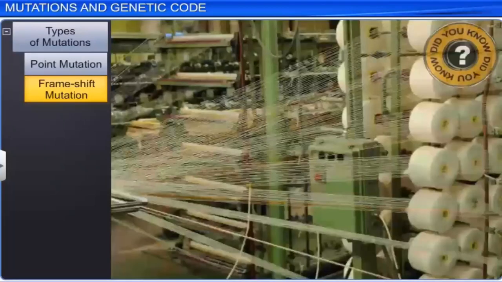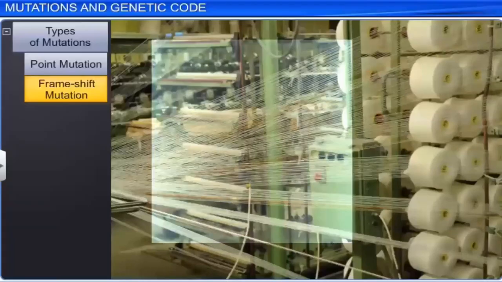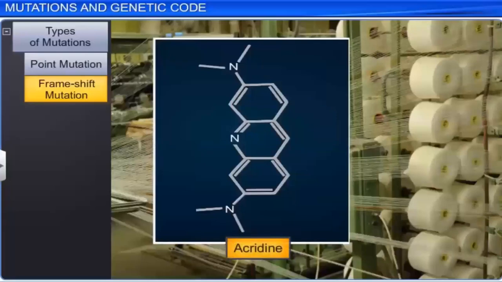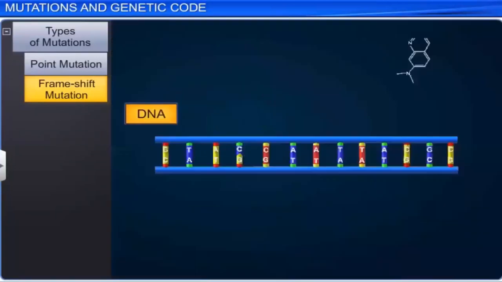Did you know that frame-shift mutation is common among textile workers? This is because they are often exposed to acridine dyes such as 5-aminoacridine, which enters their bodies through inhalation or physical contact.